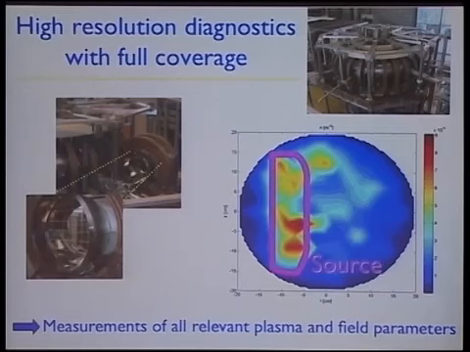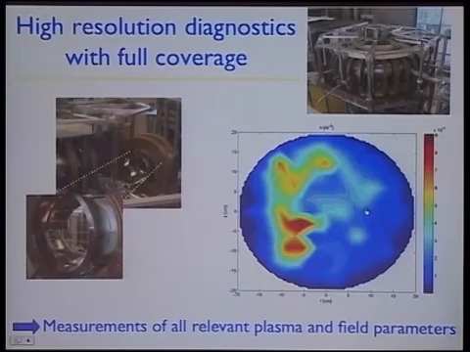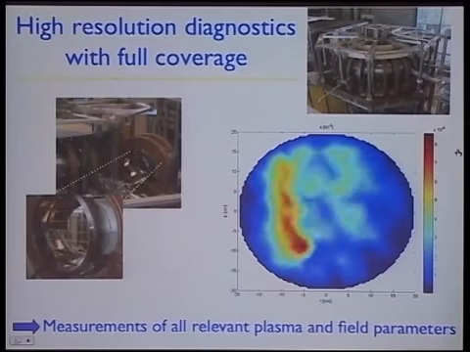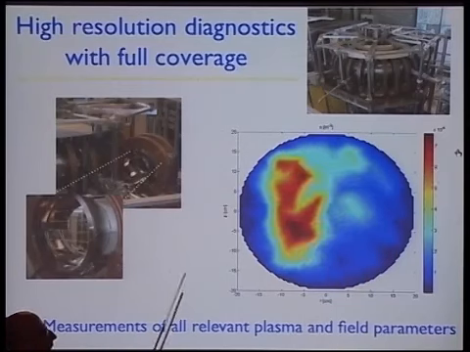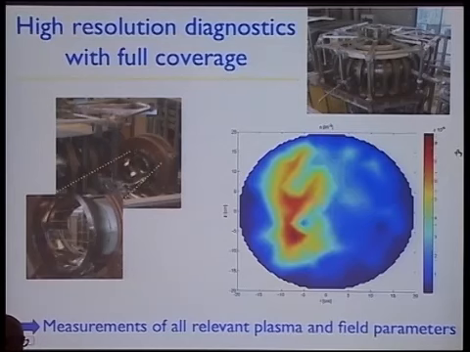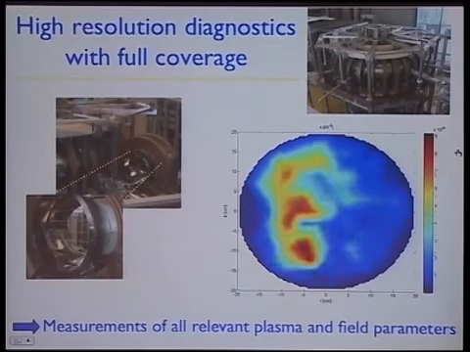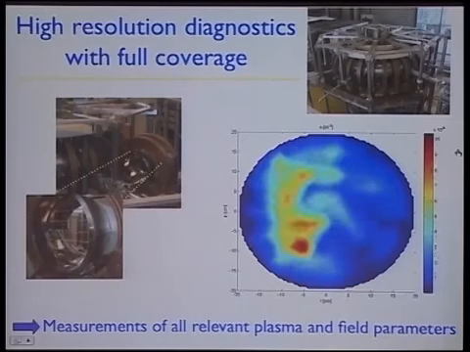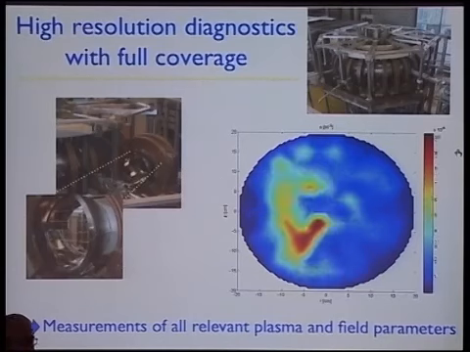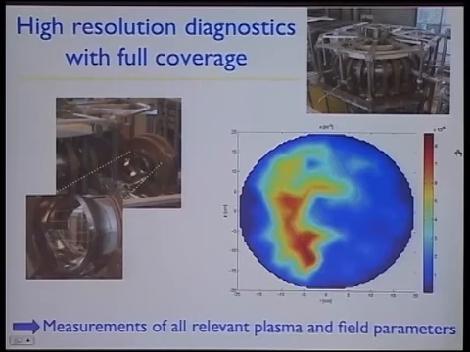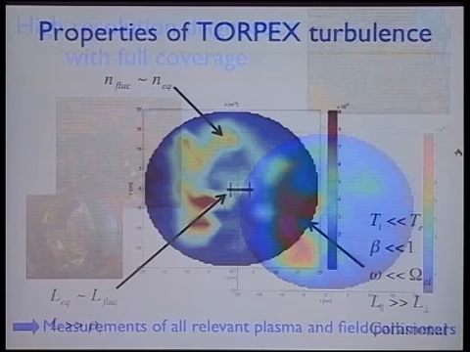Now, just to give an idea, plasma is produced in this source region, and this is the kind of visualization that we can have for TORPEX turbulence. So basically, in a few words, measurement of all relevant plasma and field parameters can be obtained in this machine.